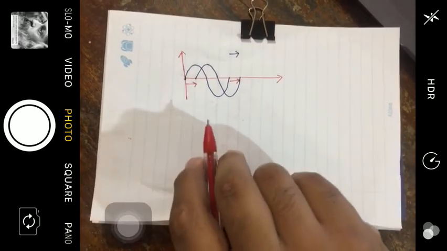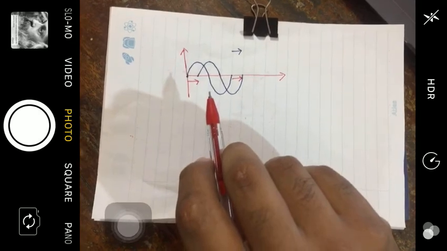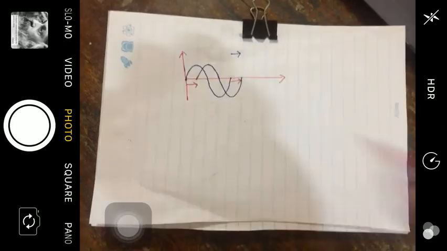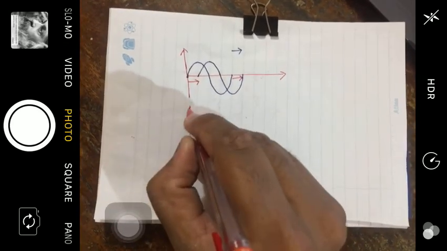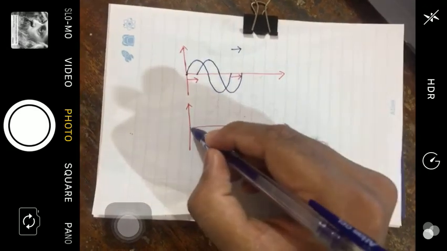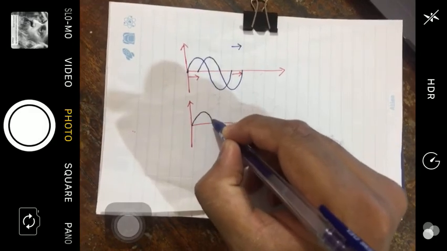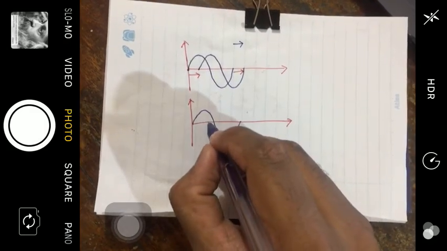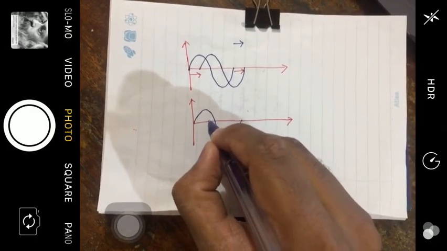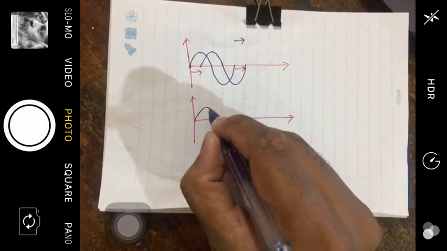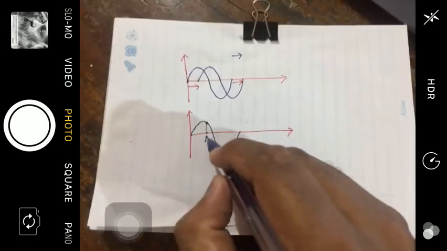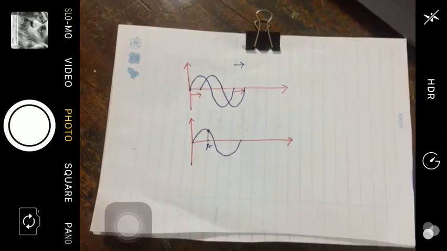If you want to predict the future of this point here, the point corresponding to this, which is right now here, let's call this point A. So point A is right now here.